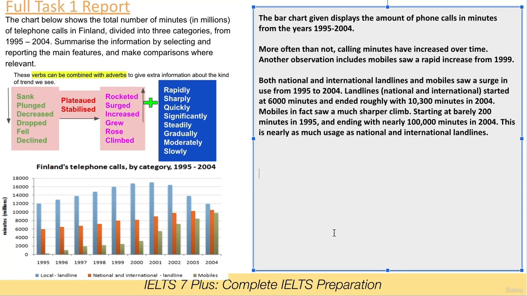Mobiles, in fact, saw a much sharper climb, starting at barely 200 minutes in 1995 and ending with nearly 100,000 minutes in 2004. This is almost, have we used that? Don't think so. Almost as much usage as national and international landlines. Brilliant. So we've used figures, we've compared, we've talked about trends.